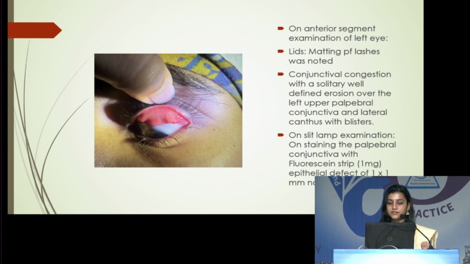On anterior segment examination of the left eye, there was matting of eyelashes, and on eversion of the upper lid of the left eye, there was conjunctival congestion with a solitary, well-defined erosion over the left palpebral conjunctiva and the lateral canthus with blisters.